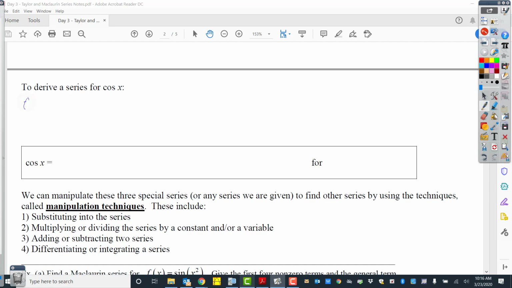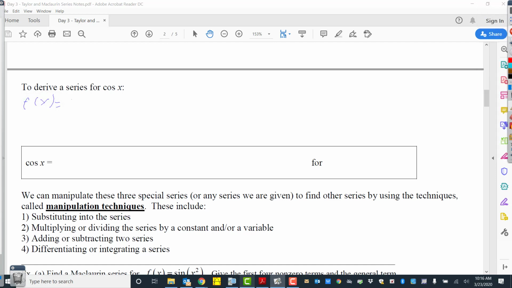So we have f of x equals cosine, f prime of x equals negative sine, second derivative of x, negative cosine, third derivative of x, sine, and fourth derivative of x is cosine again.